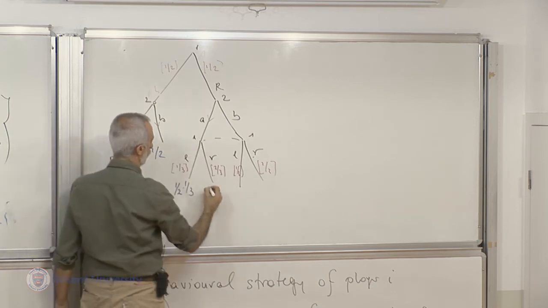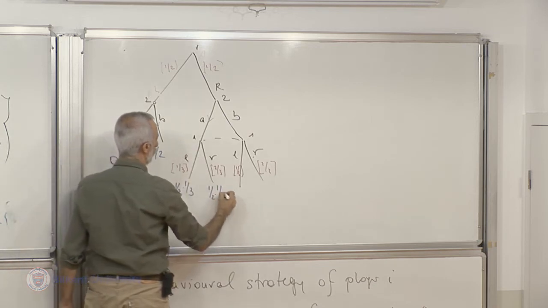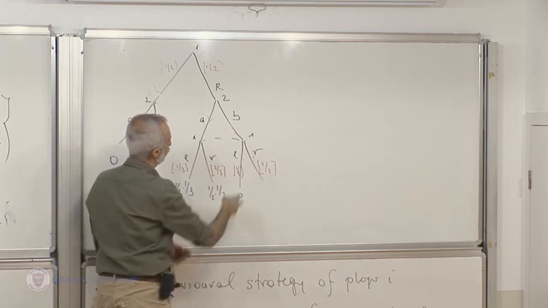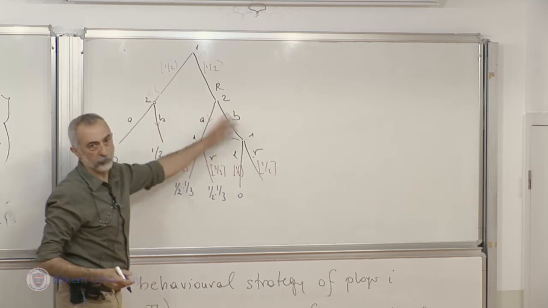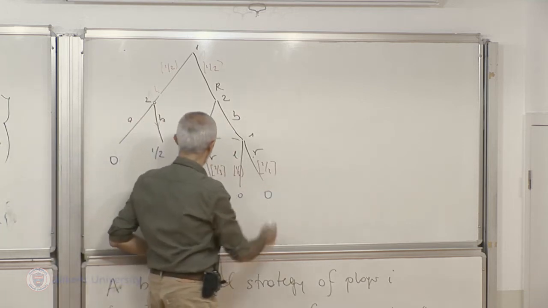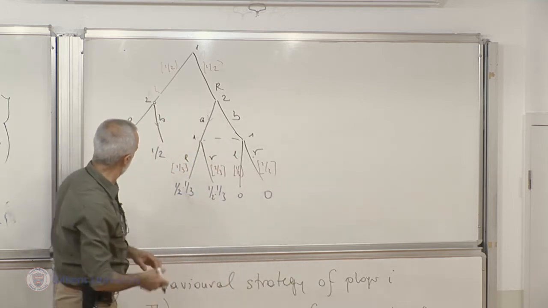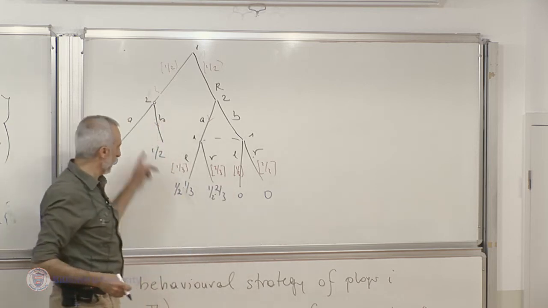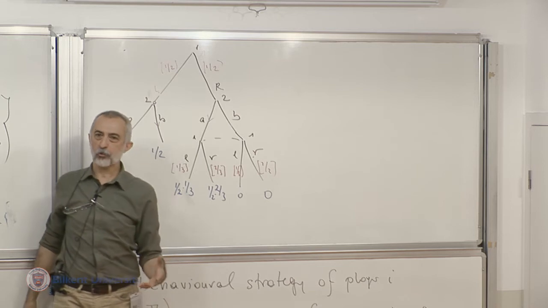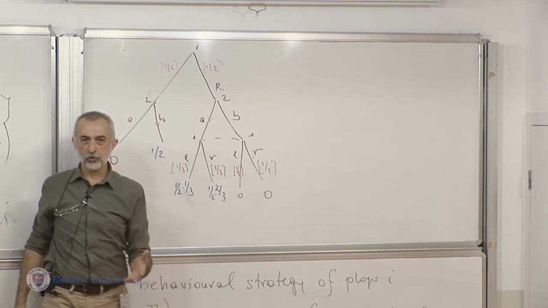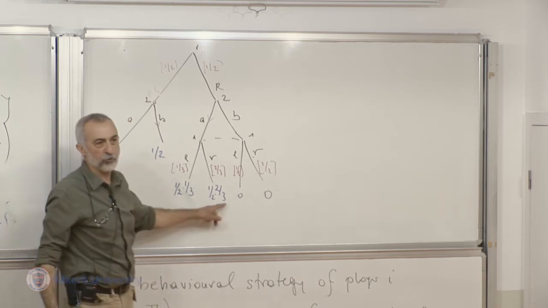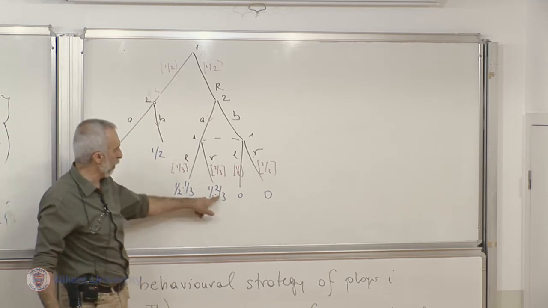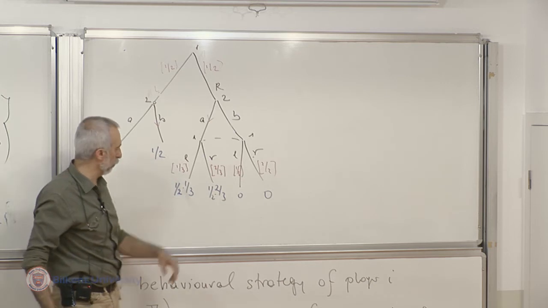This one with 1 over 2 times 1 over 3. This one with 0, and this one with 0. And then when we add them up, oh, I'm sorry. Just when I was adding, you should always check, most of the time it's easy to see your mistakes. I was adding them up, and I just realized that they don't add up to 1 because I made a mistake here. Rather than 2 over 3, I wrote 1 over 3.